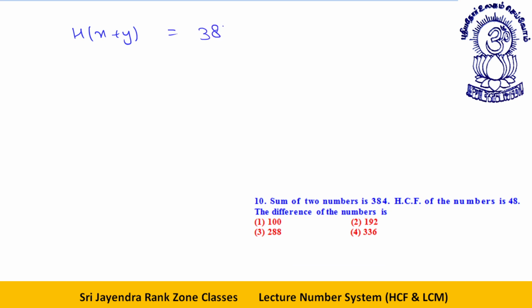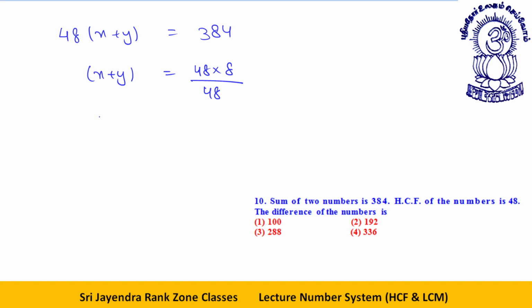The sum of two numbers is 384. HCF of the numbers is 48. 48 into x plus y is equal to 384. Now I can directly say x plus y is equal to 8. This is 48 into 8.